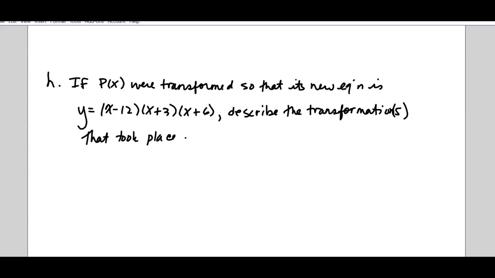So for H, I had to write it in here because you'll need it in my file. Again, take a look at this transformed function. Compare the x-intercepts here to the original x-intercepts. Are they the same or different? Are they all changed by a certain stretch factor?